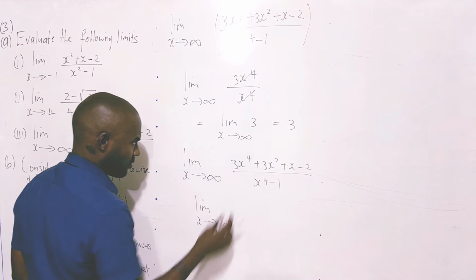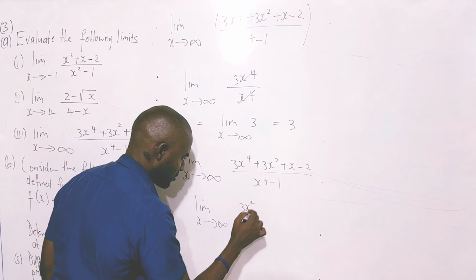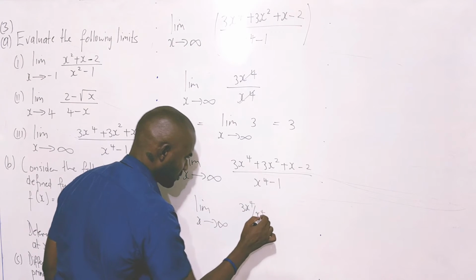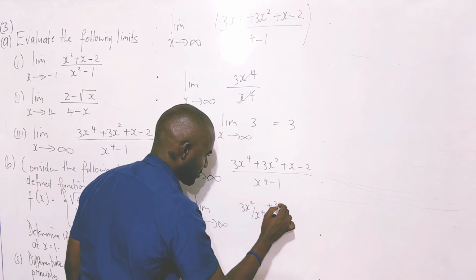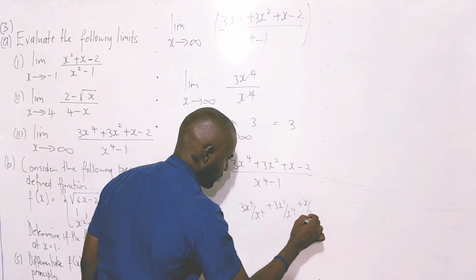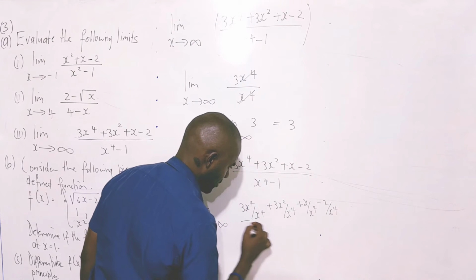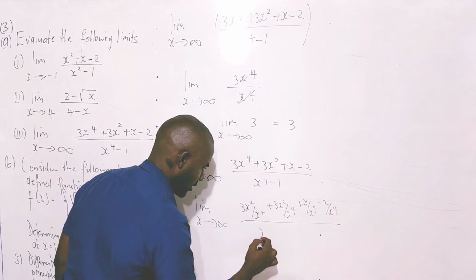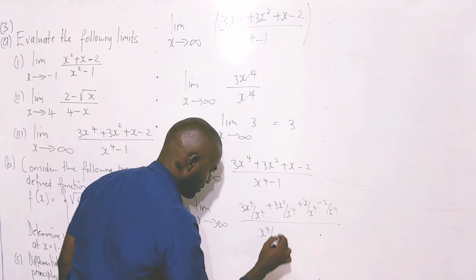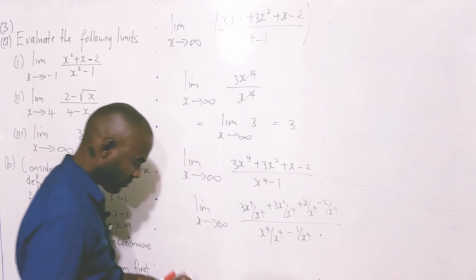Now let me write it out. We get 3x to the fourth over x to the fourth plus 3x squared over x to the fourth plus x over x to the fourth minus 2 over x to the fourth all over x to the fourth divided by x to the fourth minus 1 over x to the fourth.